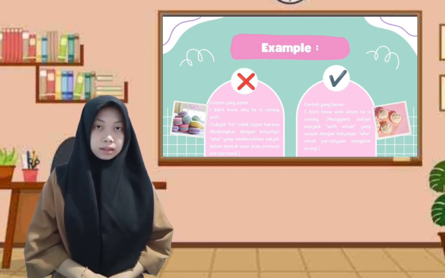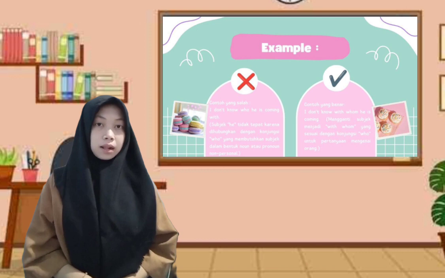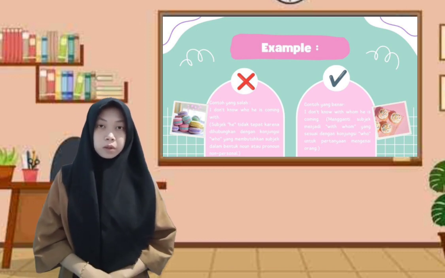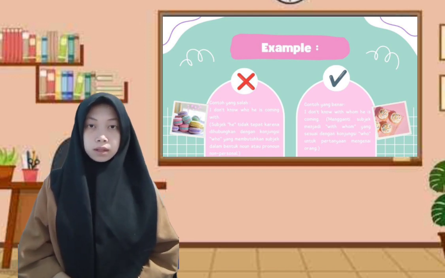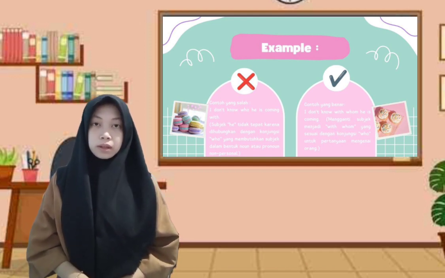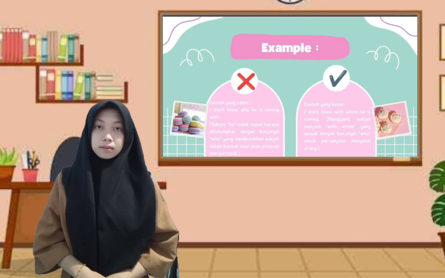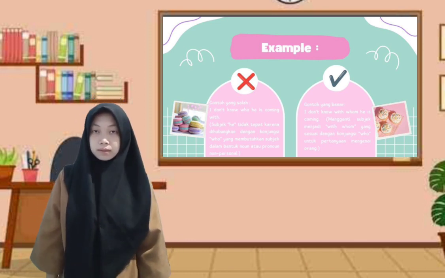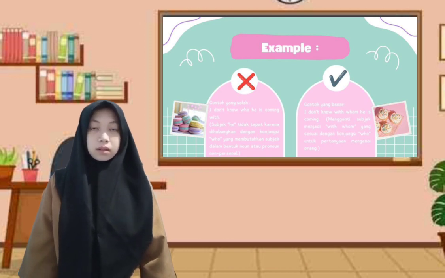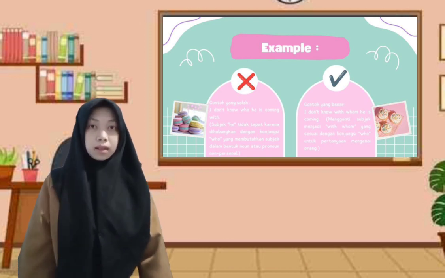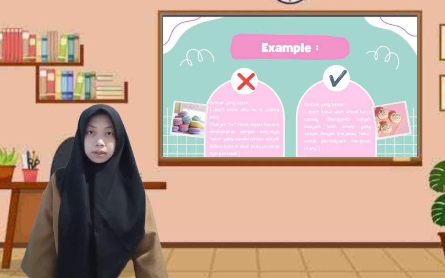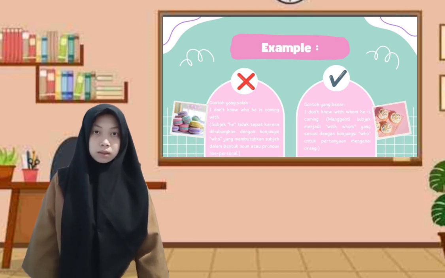The subject is incorrect because it is connected with the conjunction who, which requires a subject in the form of a noun pronoun. True example: I don't know with whom he is coming, replacing the subject with whom, which corresponds to the conjunction who for question about people.